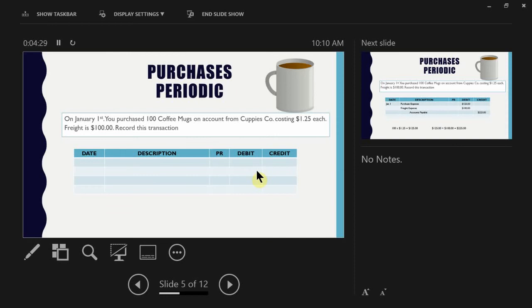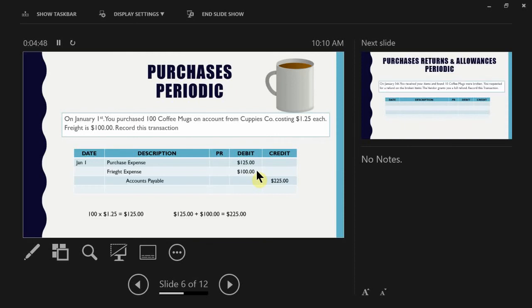So again, it is on account. How do we journalize this? Purchases. What else? Freight. Okay, so this is us journalizing the first transaction, which needs to be in some kind of sequence.